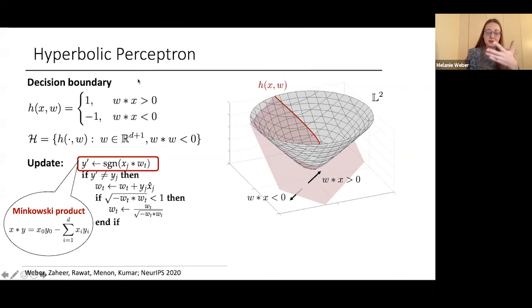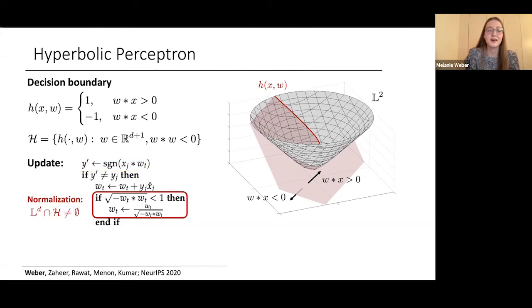When we want to train that model, the conceptual idea is very similar to what we do in Euclidean spaces. We have a very similar update rule, and whenever we make an error, we update our classifier. What is different here is that we need this normalization step. The geometry here is somewhat more complex, and just by performing the standard update rule, we are not guaranteed that our updated classifier intersects with the manifold.